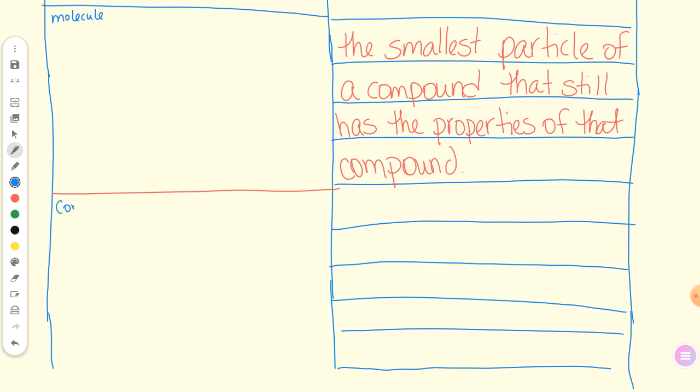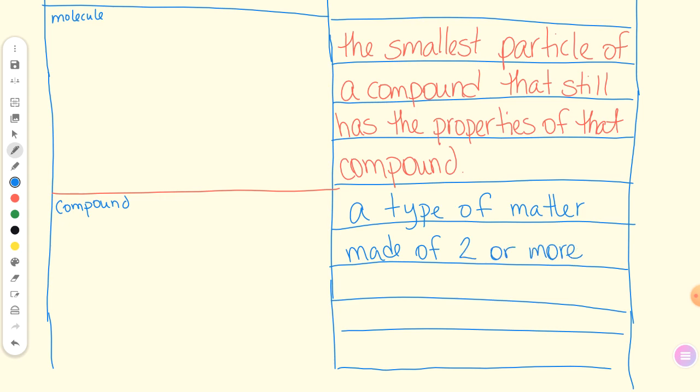You don't have to write this. Harper, what is a compound? A type of matter of two or more. What'd you say? A type of matter made of two or more elements.